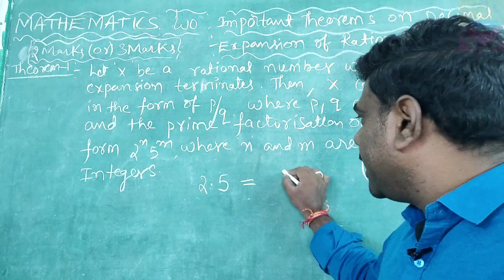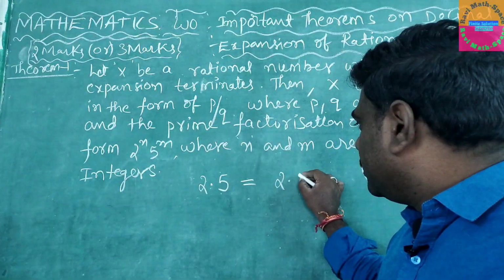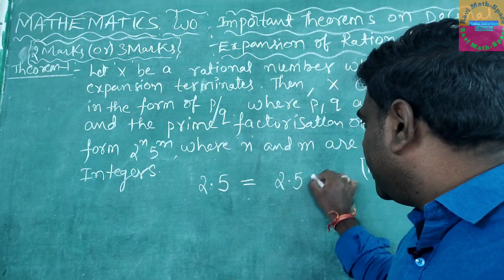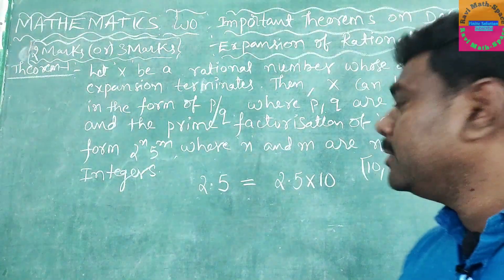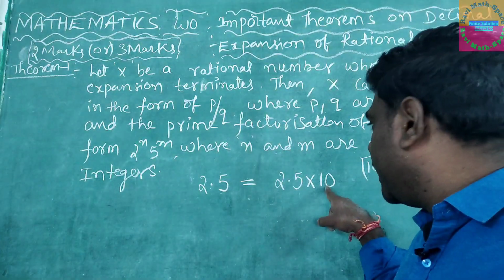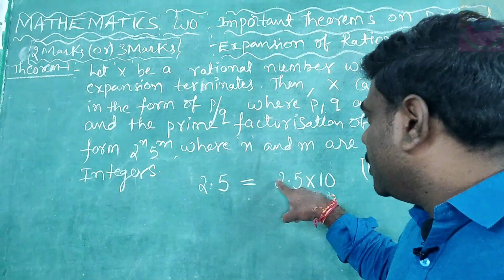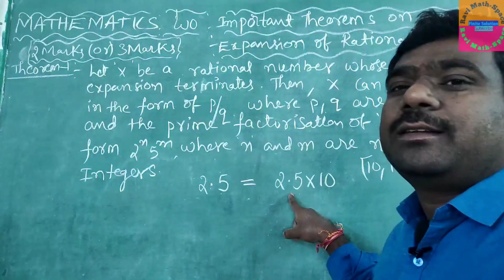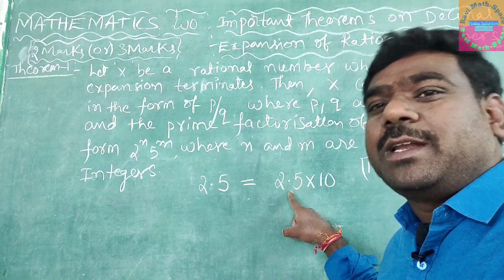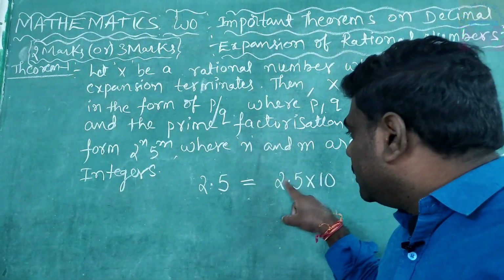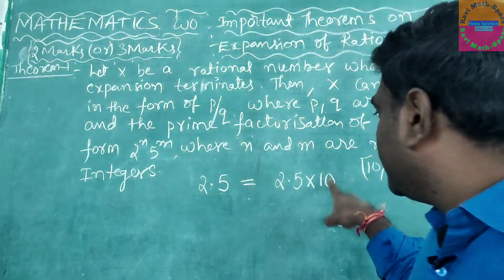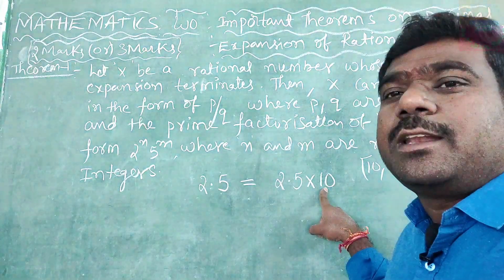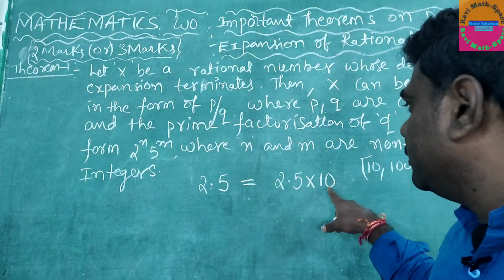2.5 I can write as 2.5 into 10. Why am I taking only 10? Because 2.5 is a decimal number, and this decimal number we should convert into a whole number by multiplying by a suitable special number. Why, sir?